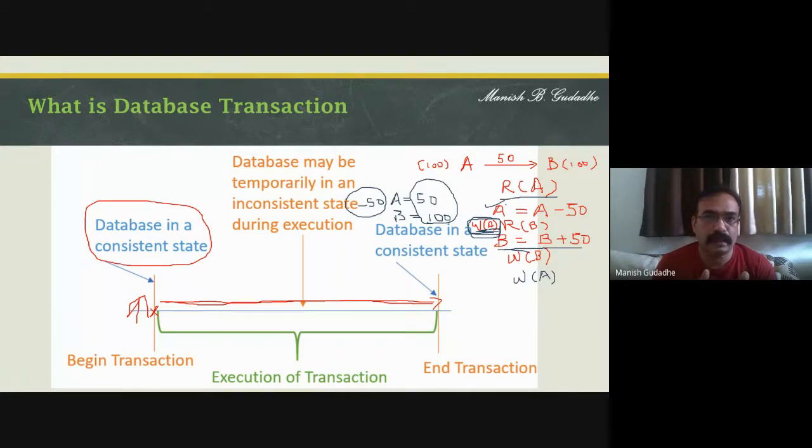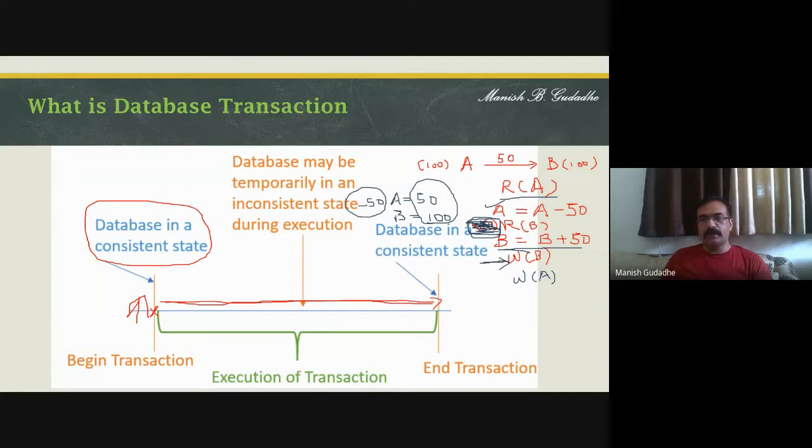Okay, and see again what may happen is we have not written A, and let us say that at this stage, this transaction is not there. So first statement is read A, second is A is equal to A minus 50, read B, B is equal to B plus 50, write B and write A. Okay, so this is the fifth step now.